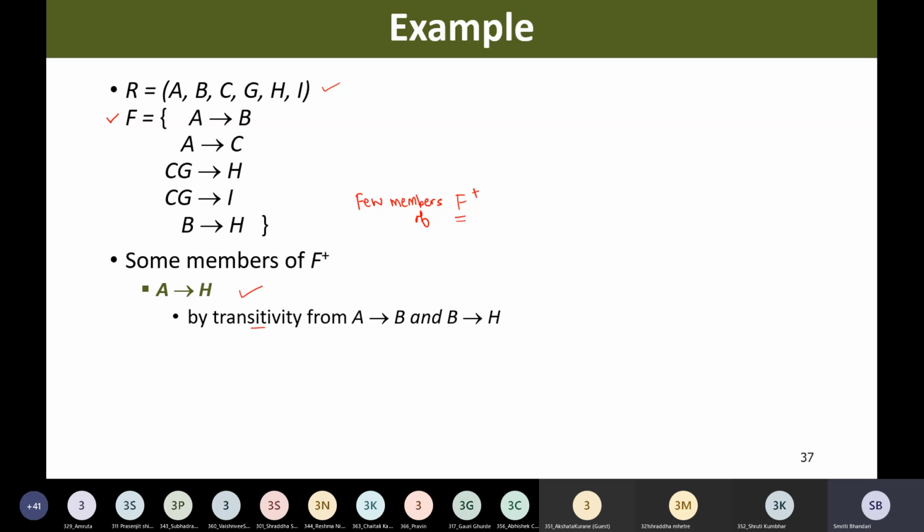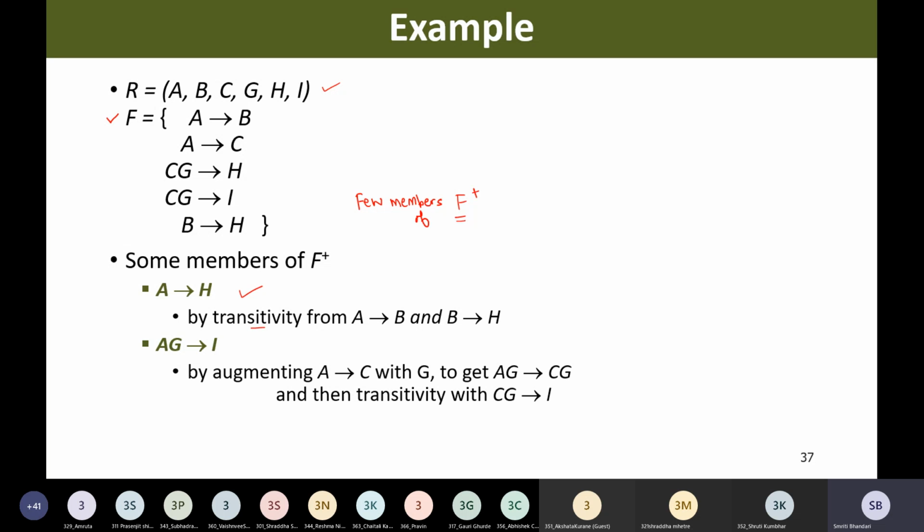Now, let us see one more. We have here AG to I. We have a new functional dependency AG to I. So how have we computed this AG to I? See, we have been provided with this A to C. So we are going to augment G to this functional dependency.